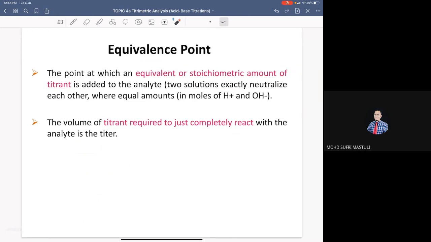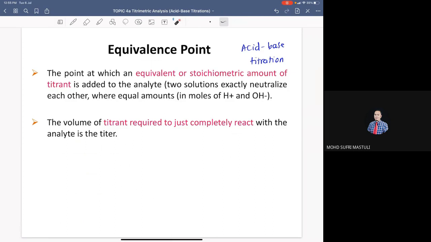The equivalence point is the point at which an equivalent or stoichiometric amount of titrant is added to the analyte. The two solutions exactly neutralize each other. So, for example, in an acid-base titration, the acid and base chemicals neutralize each other.